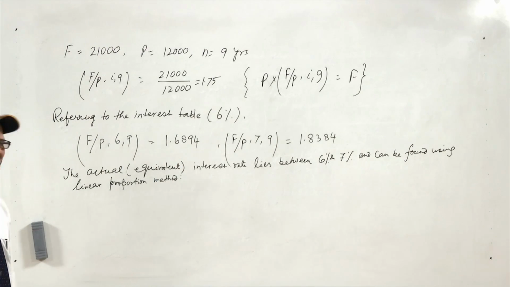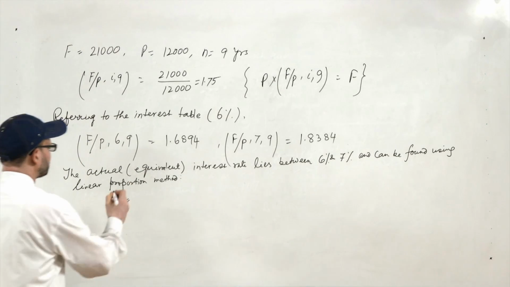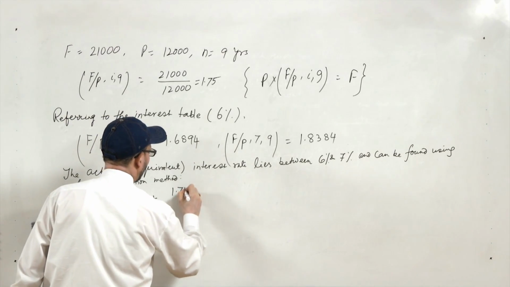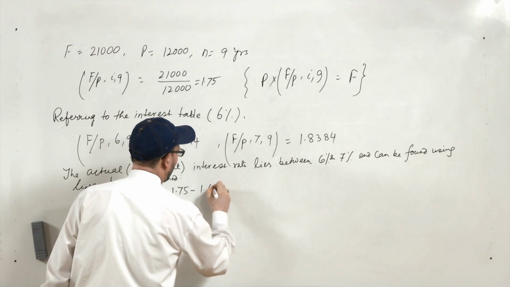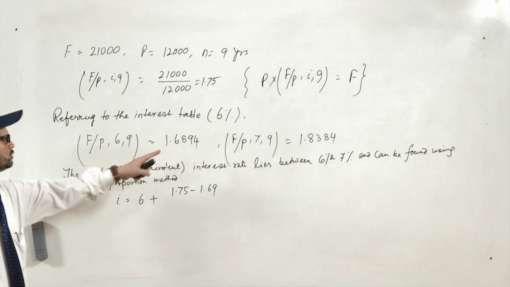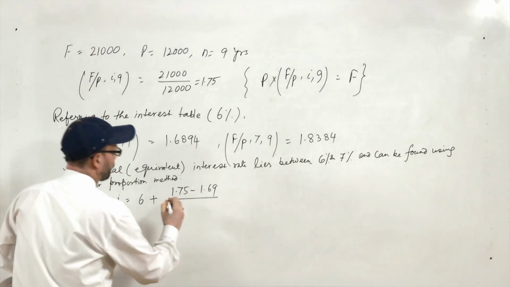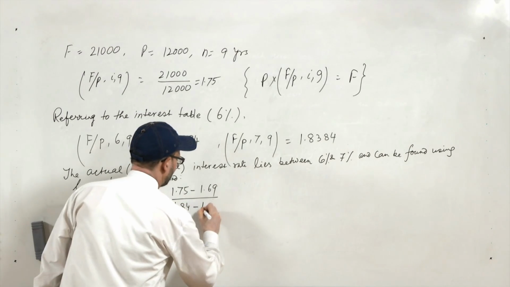So, the actual rate of interest will be 6 plus 1.75 minus 1.69, we are converting it to 2 decimal points, divided by 1.84 minus 1.69.